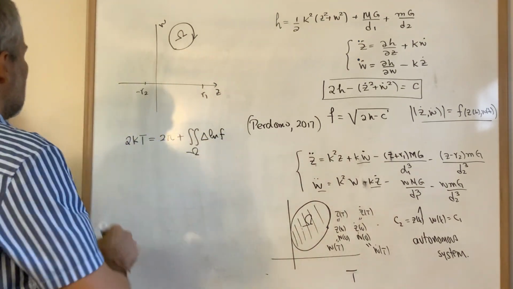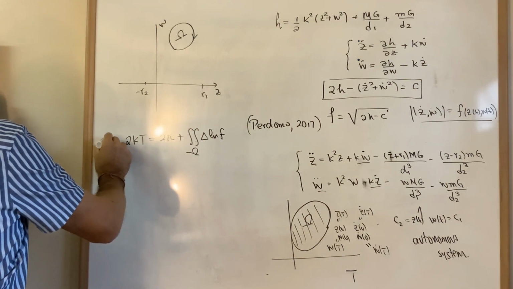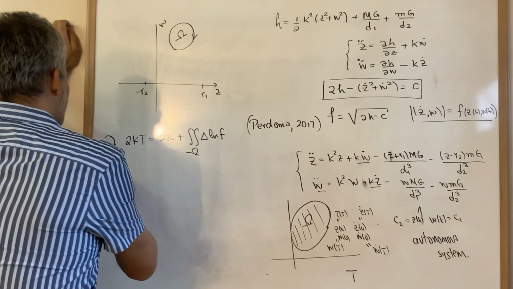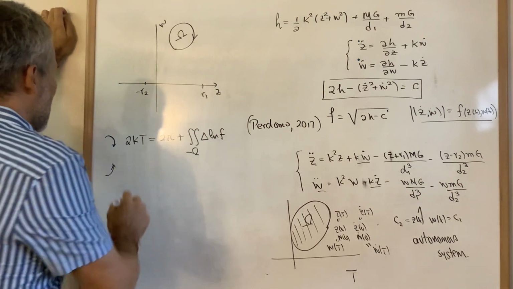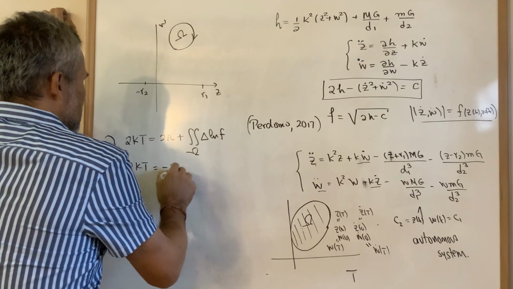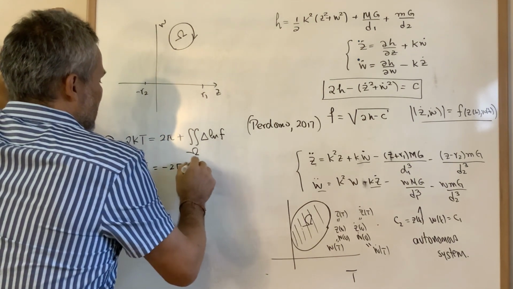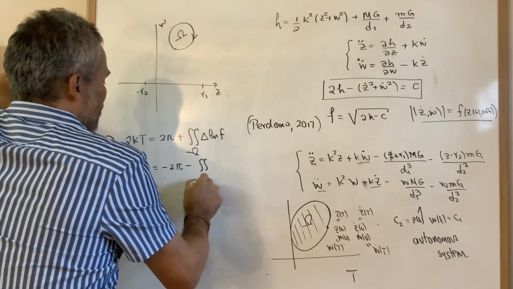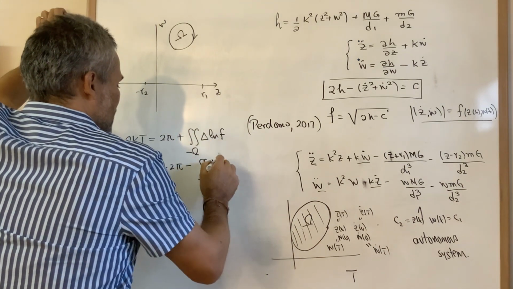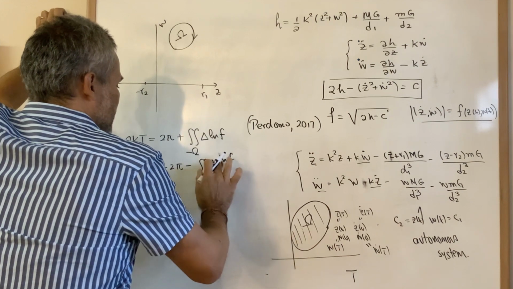This is in the case in which the orbit moves clockwise. If the orbit moves counterclockwise, then we have that 2kt is equal to negative 2 pi minus the integral over omega of the Laplacian of natural log of f.